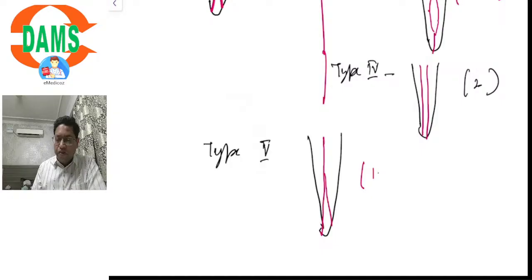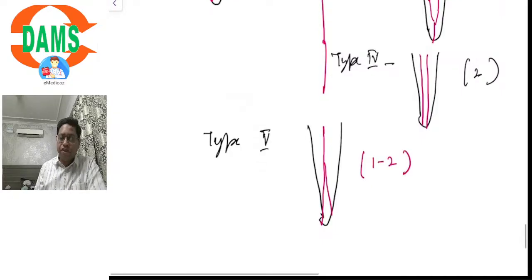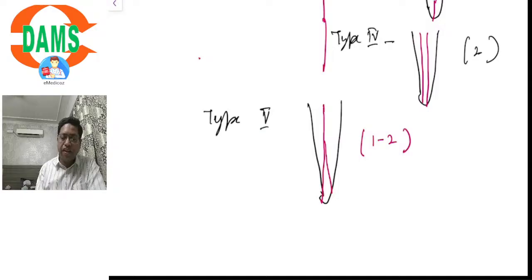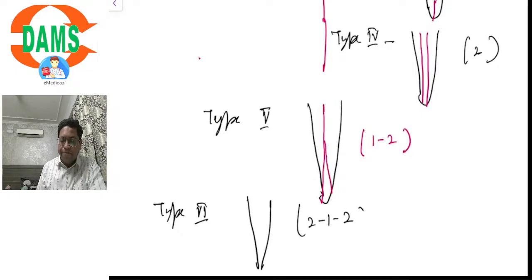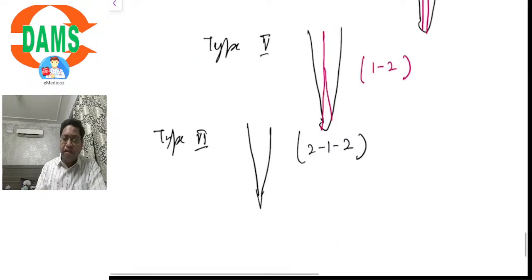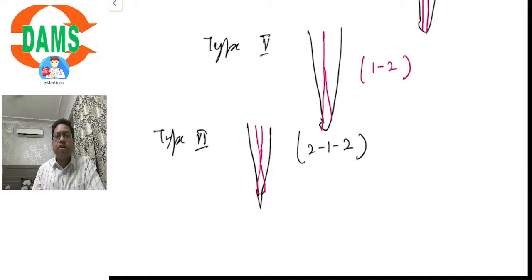Type 6 is a 2-1-2 canal configuration. It means there would be two orifices, two canals, they unite and again divide and exit as two canals. So coronally there are two orifices, they join together somewhere in the middle third of the root, they again divide and exit as two separate canals in the apical third.